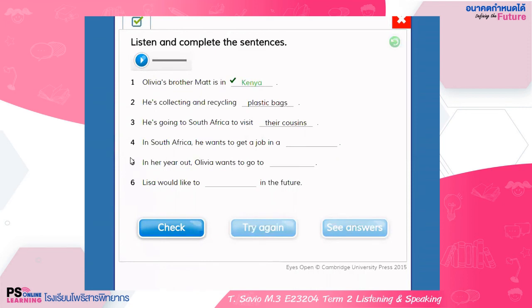In South Africa, he wants to get a job in a beach bar. 5. In her year out, Olivia wants to go to, I think, Europe. And 6. Lisa would like to, in the future, help people in the future.